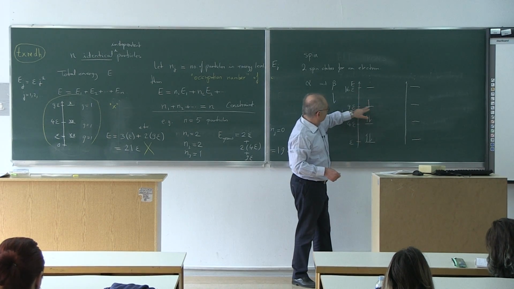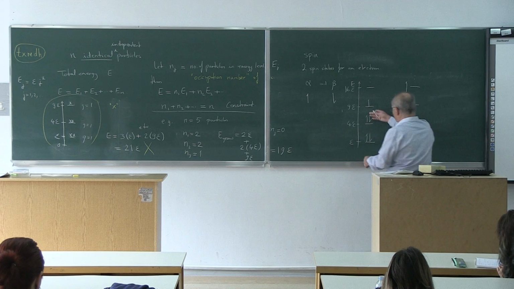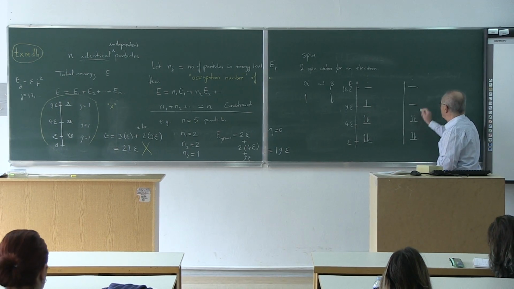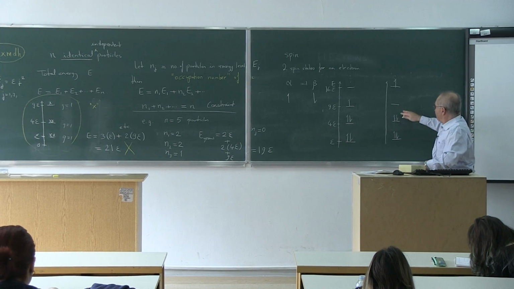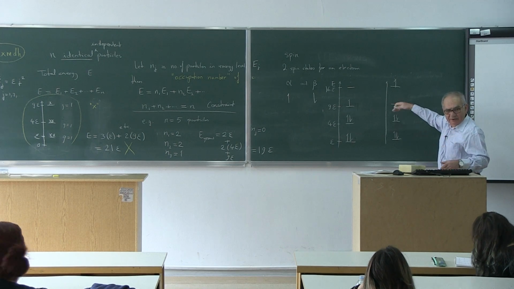One possibility would be to excite this electron to that level, not touching the others. So this describes one possible excited state for the 5 electrons.